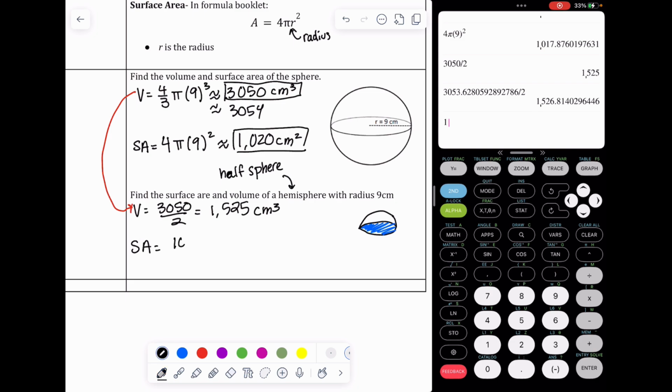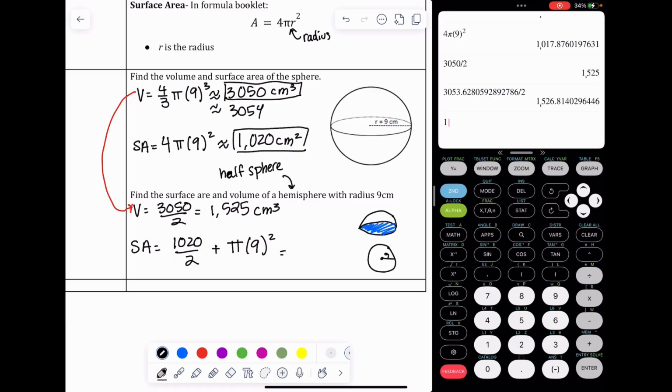It's going to be what we got from above divided by 2, and then we're going to add that together with the base, which is just going to be a circle with radius 9. So we need to add that to the area of the circle, so that will just be pi times r, which is 9 squared. We're not going to divide the circle in half because it is a full circle that's a part of our surface area.